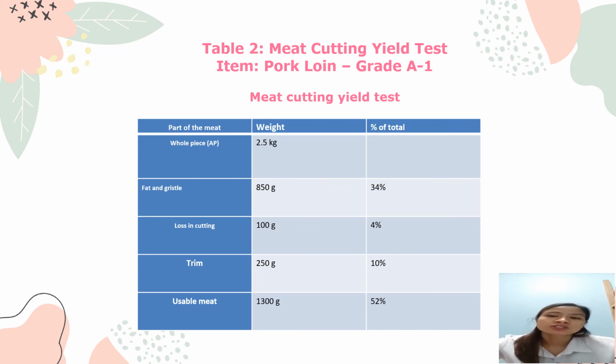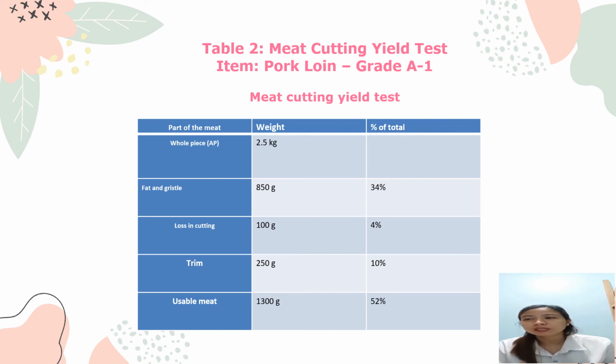So, makikita nyo sa table kung ano yung part ng meat and weight and percent of the total. So, unahin natin, meron tayong whole piece. Ito yung sinasabi na AP. For example, meron kang 2.5 kilogram na chicken.